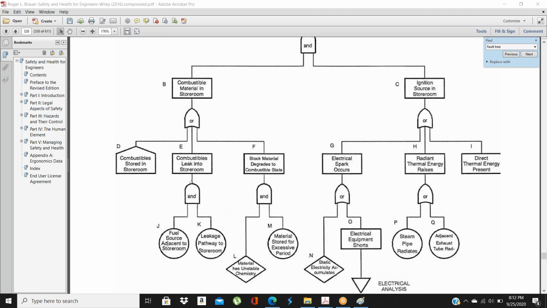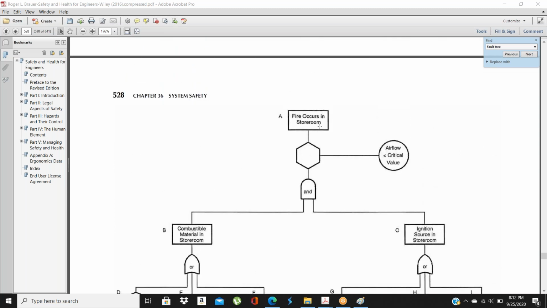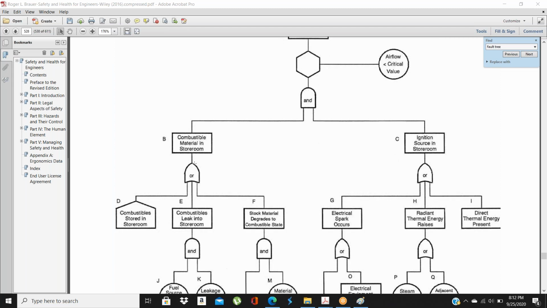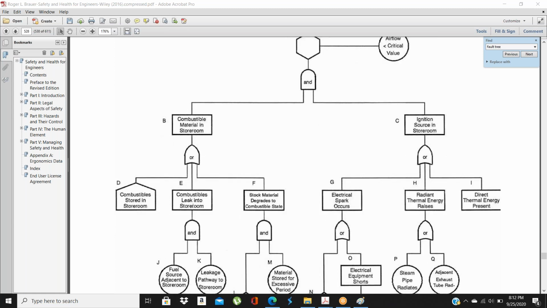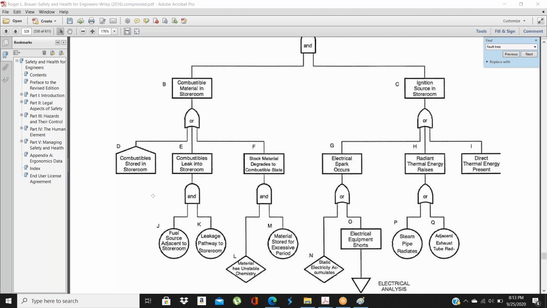We have one storeroom, and a storeroom fire occurs. For that we need combustible material. The combustible material is coming from where? From the combustible store inside. Maybe some cylinder is leaking, maybe some petrol can is leaking, or our stock material degraded. This is the reason.